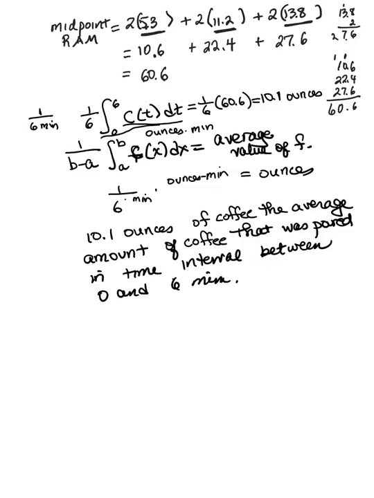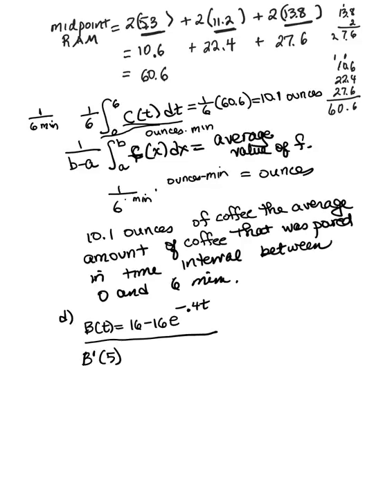Okay, now it looks better. Now let's take a look at part D. So part D says that the amount of coffee in the cup is modeled by this equation at time t. And we have to find out the rate at which the coffee is being poured into the mug at t equals 5. So that's really just asking us to get the derivative of b at 5.